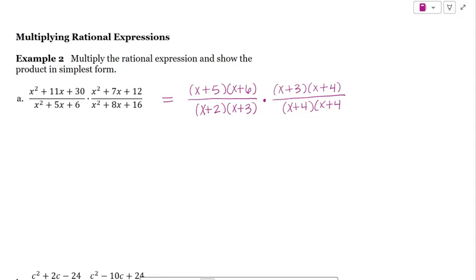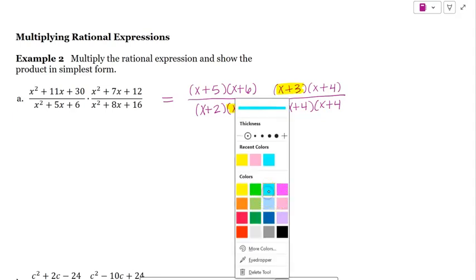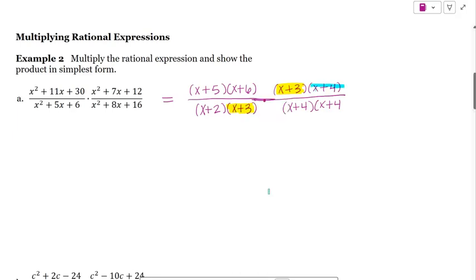So as I said, I can multiply across, so I can think of this as just one big fraction. And so that'll allow me to cancel any factors that are identical in the numerator and the denominator. It looks like I have a pair of x plus 3's that can cancel. And then I also have a pair of x plus 4's that could cancel, missing a parentheses there.